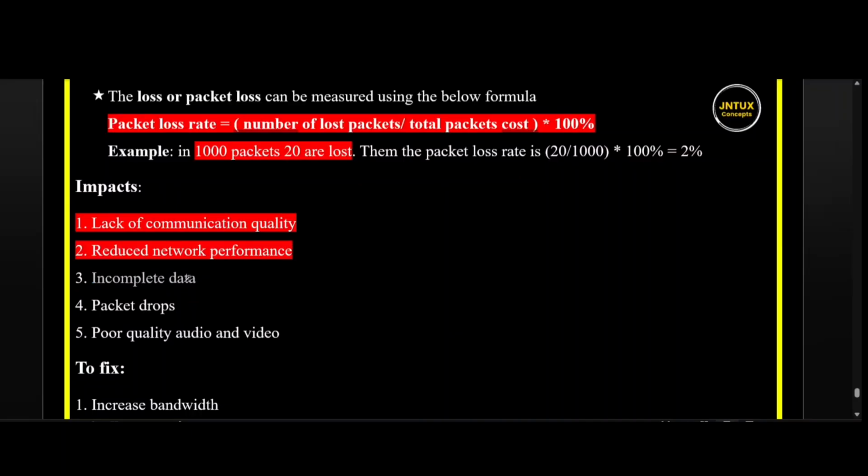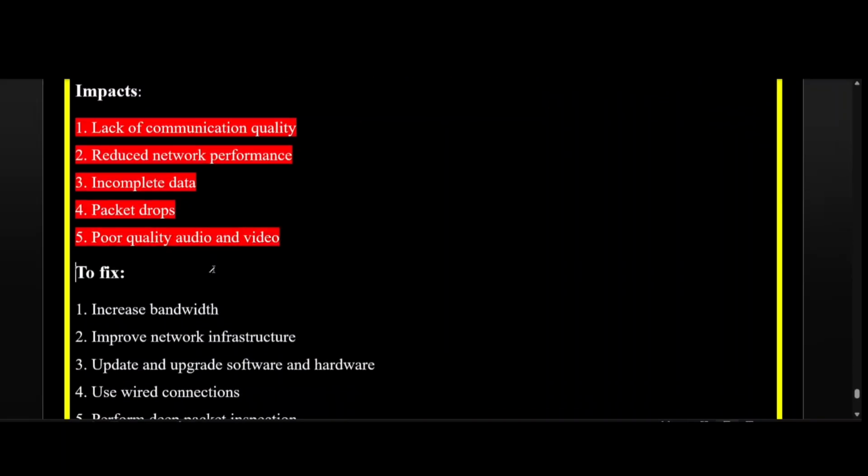Incomplete data: when a packet loss occurs, some part of the data transmitted from one end to the other gets dropped in between the transfer, so the receiver won't get complete data. Packet drops. And the next one is poor quality audio and video. It is similar to incomplete data. The quality won't be up to the mark.